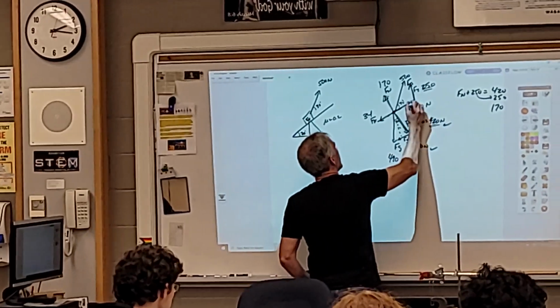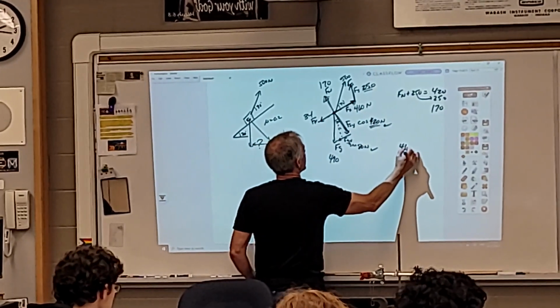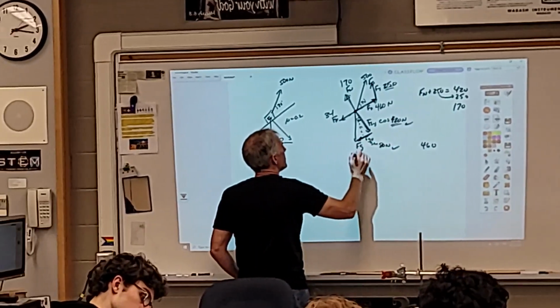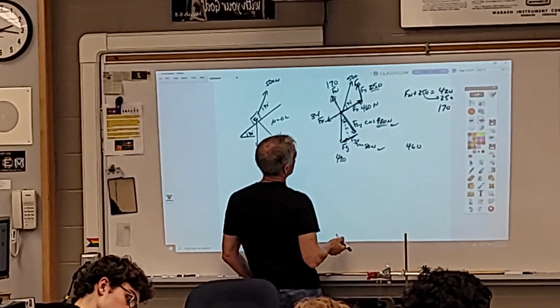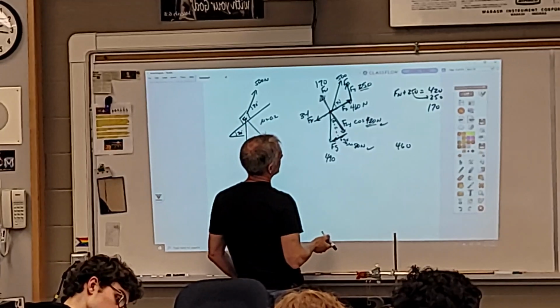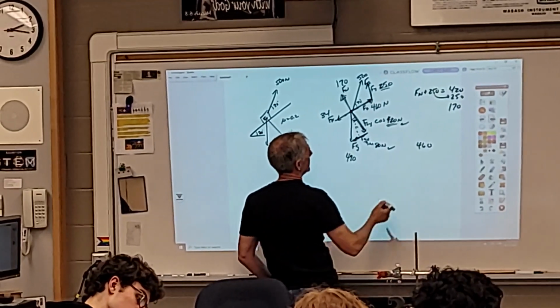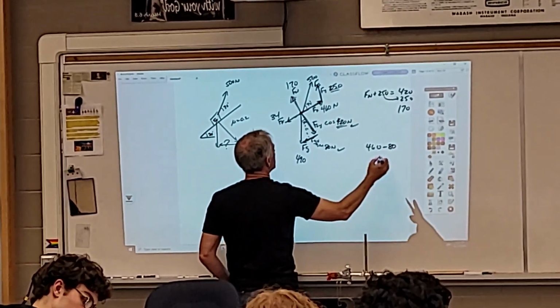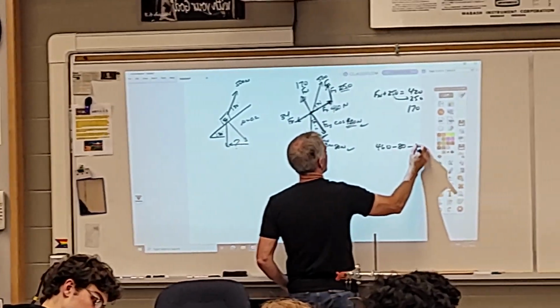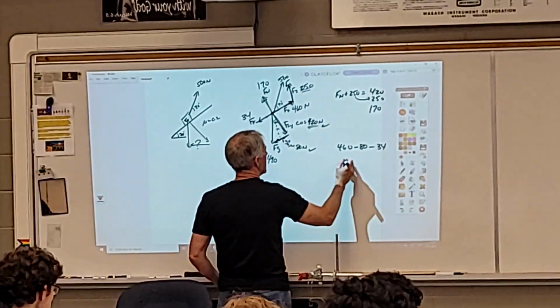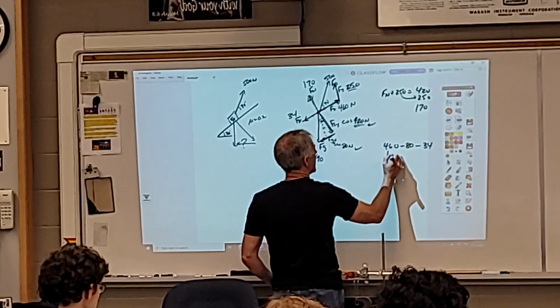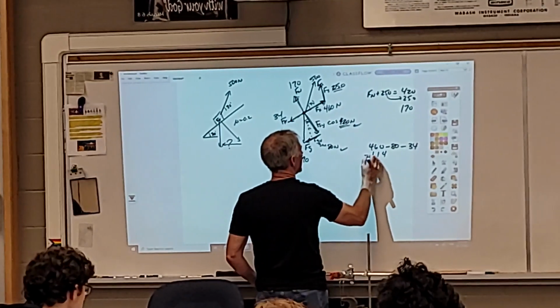Now, pulling up the ramp, 460. Pulling down the ramp, yeah, 80 newtons down the ramp and 34 because of friction. We're only taking away 114 out of this.